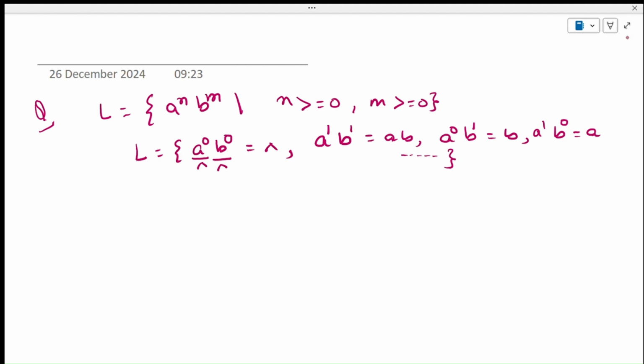What will be the regular expression for this? The regular expression will be A star. If you have to include a null, that is n goes down to 0, put star, followed by B raised to the power m, that is again going down to 0, star. A star, B star.